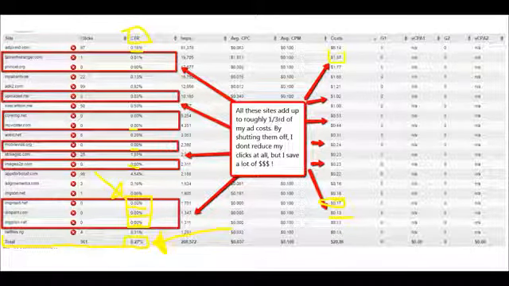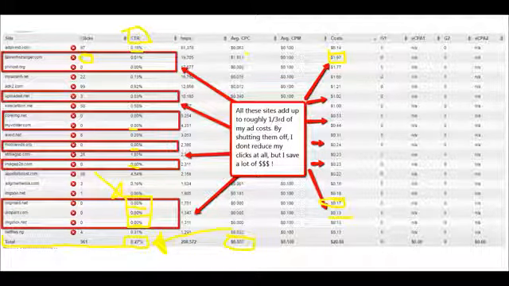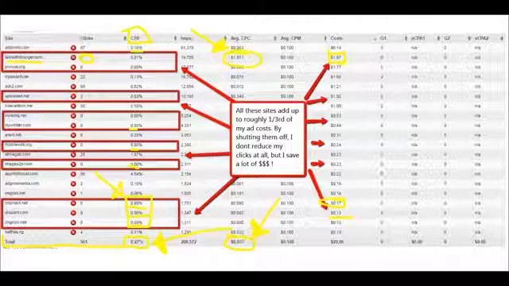Here's a site where I spent $2 and I only got 1 click. So my average cost per click is 3 cents, whereas my average cost per click on this site is $2. So that's a big problem because I want to be paying only a few cents per click, whereas on this site I'm paying $2. And on this site I'm not even getting clicks, but I'm spending almost $2 as well on PXLHost.